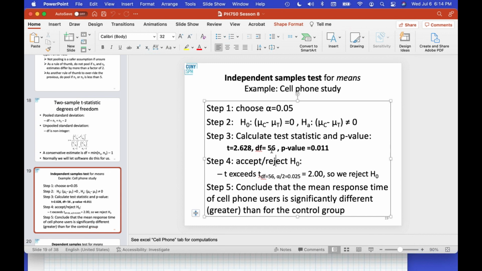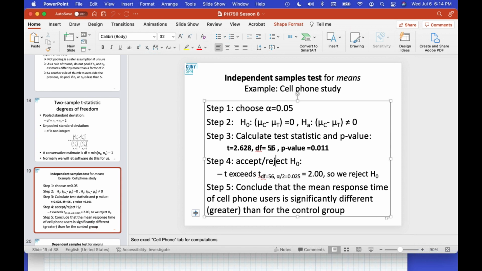I can go to the table for the t distribution and look up the critical value of t for 5% for 56 degrees of freedom. In other words, a sample size of 58, because you subtract 2. Does anybody know what that is?